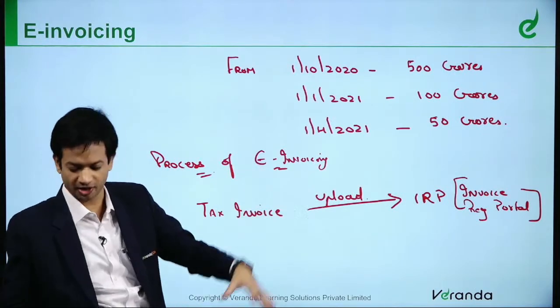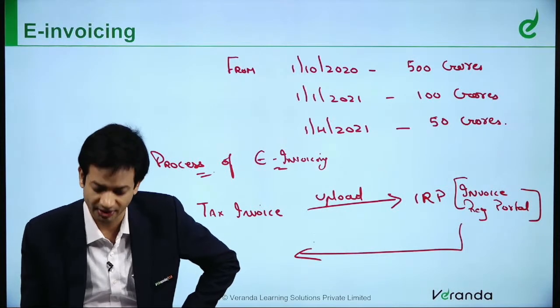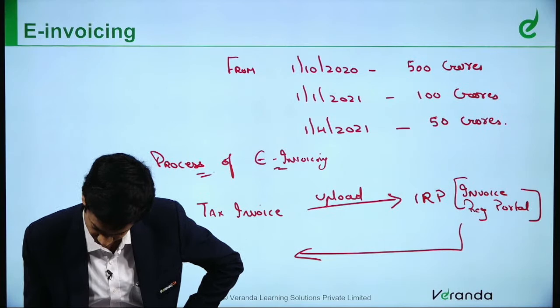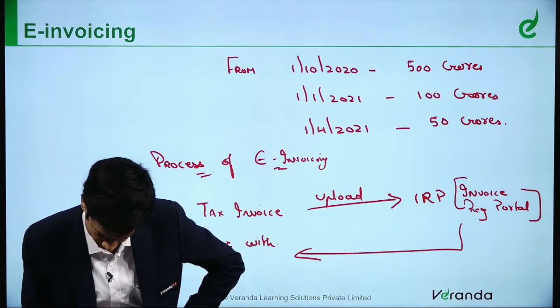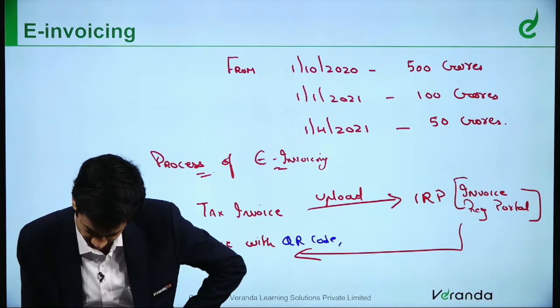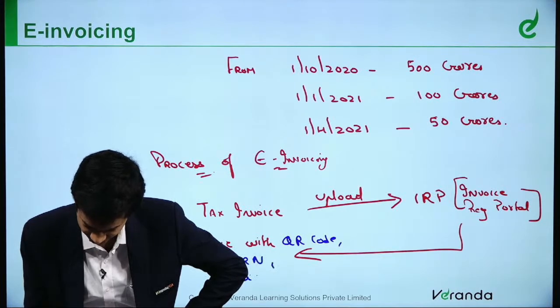You upload your tax invoice in the IRP, and you get back the invoice with a QR code, embedded with the IRN, digitally signed.